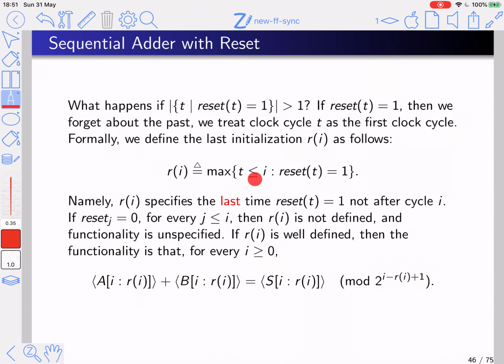However, if R_I is well defined, namely this set is not empty and you can take the maximum over it, then the functionality of the sequential adder will be that the number represented by the bits of A starting in cycle R_I until cycle I, plus the number represented by the bits of B from cycle R_I until cycle I, will equal what is represented by the sum output, again from cycle R_I to cycle I, mod 2 to the power of I minus R_I plus 1. So I minus R_I tells us how many clock cycles have elapsed since the last reset.